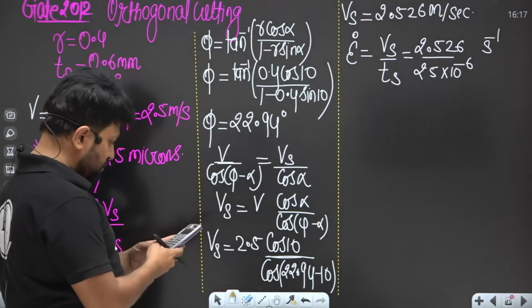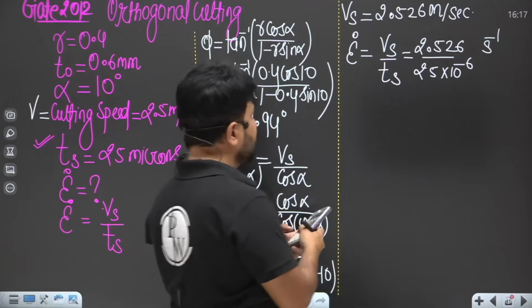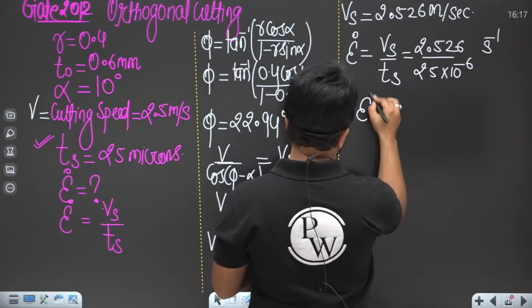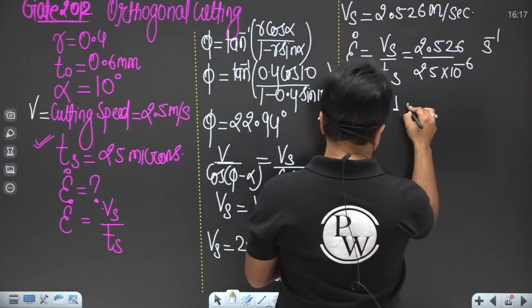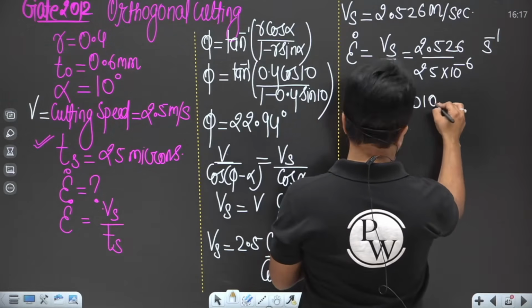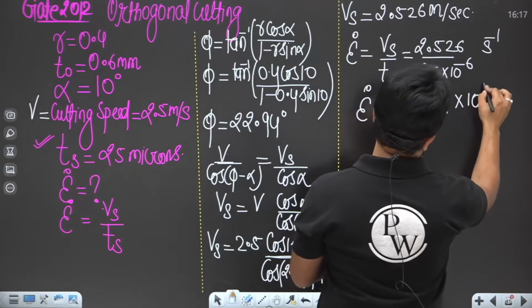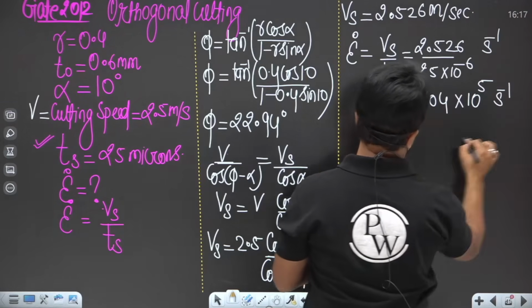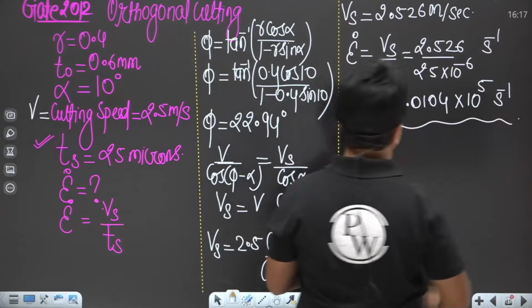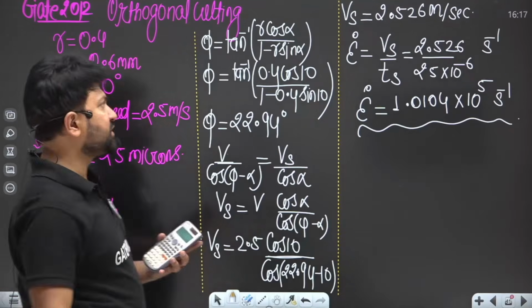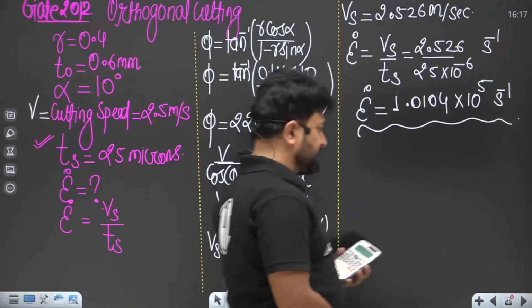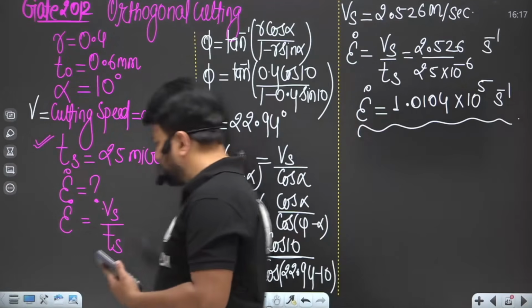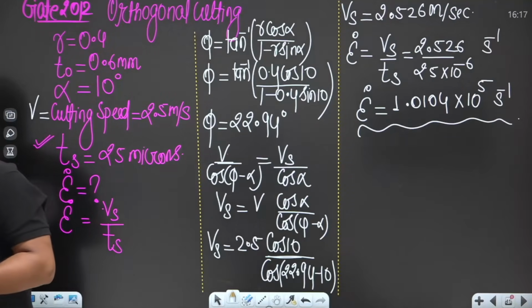The cutting shear strain rate comes to 1.0104 into 10 to the power 5 per second. Okay, so this is your final answer. I hope you understand the concept of cutting shear strain.